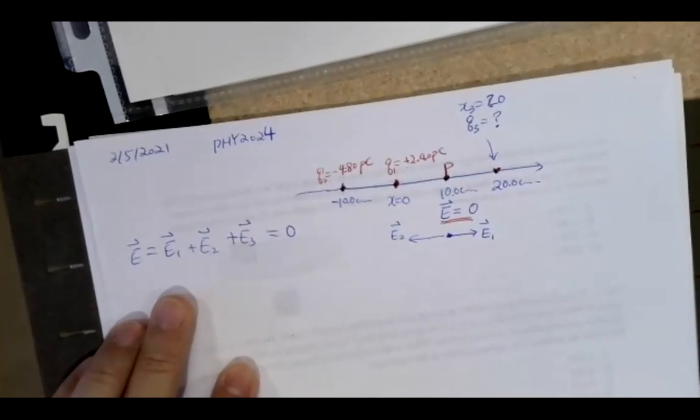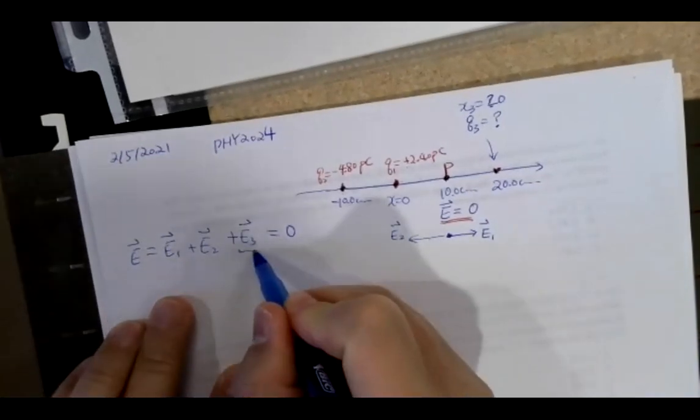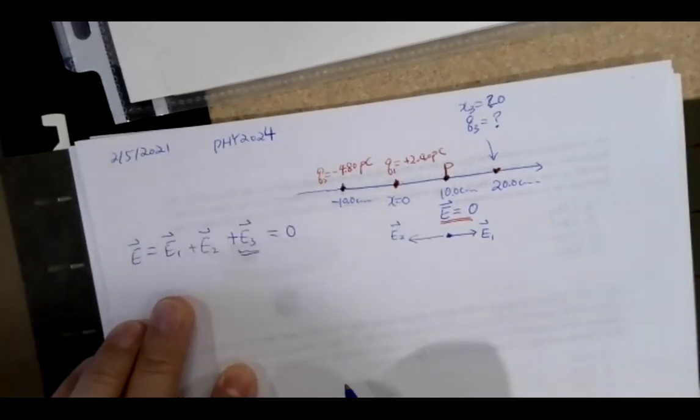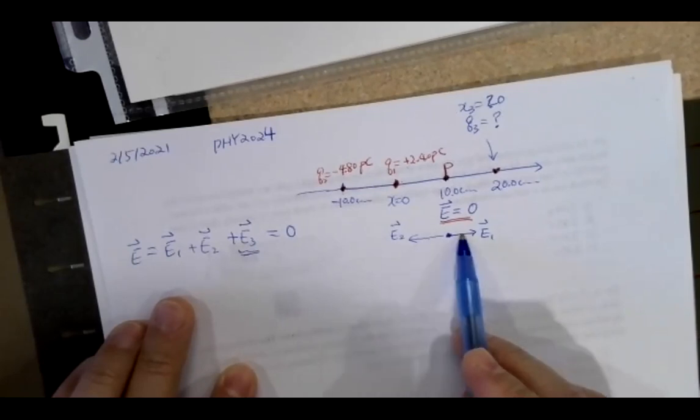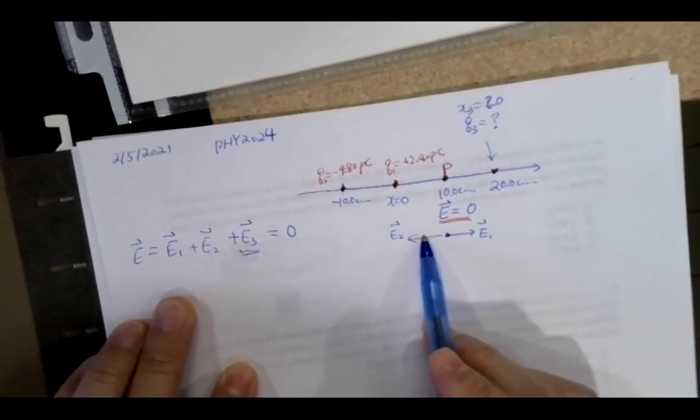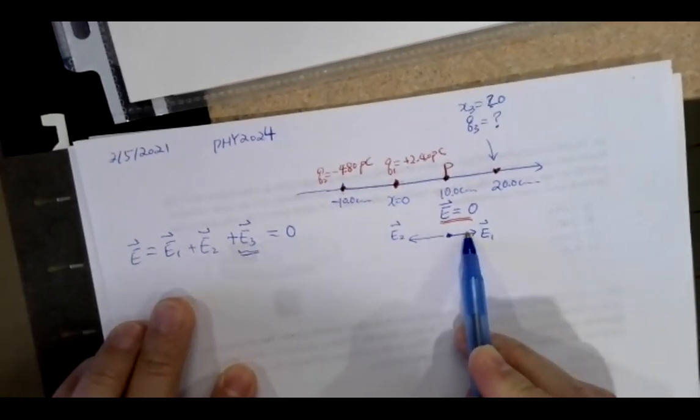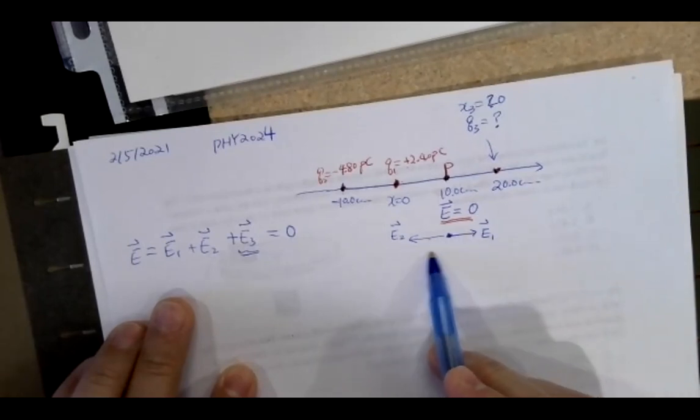So you can see then for E3, the direction of E3 should depend on the sum of E1 and E2, right? So if E1 is greater than E2, then E1 plus E2 is pointing in that direction.